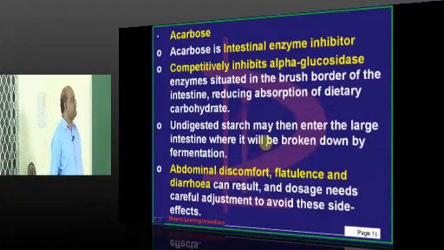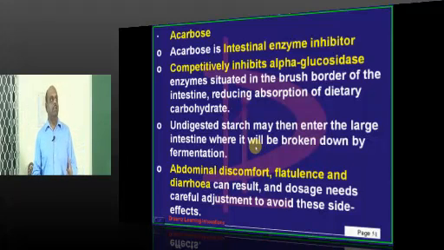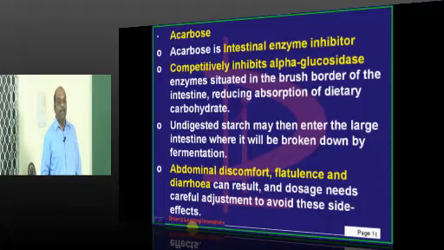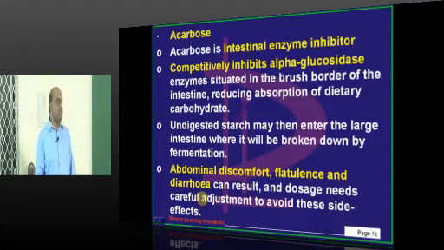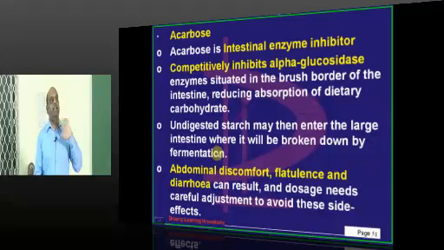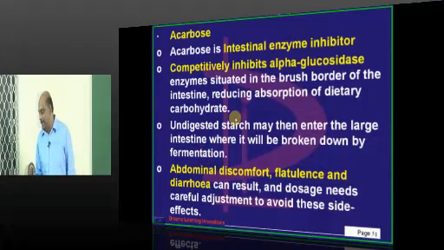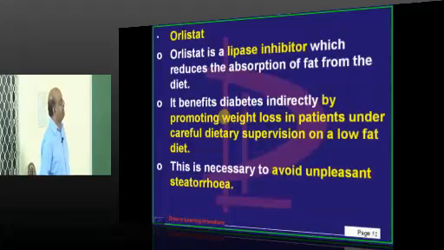But those undigested carbohydrates, the grass we eat as vegetarians, as one of our patients used to say, will be broken down by the intestinal bacteria and release a lot of gas. That gas will produce flatulence, abdominal discomfort, diarrhea. These are all the problems with acarbose. Acarbose is a drug hated by patients because of all this flatulence and other important side effects.